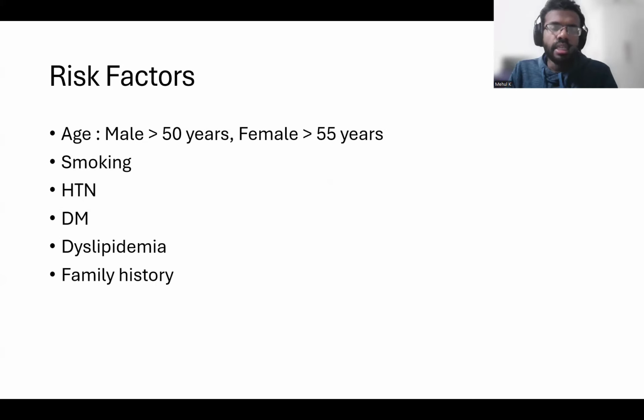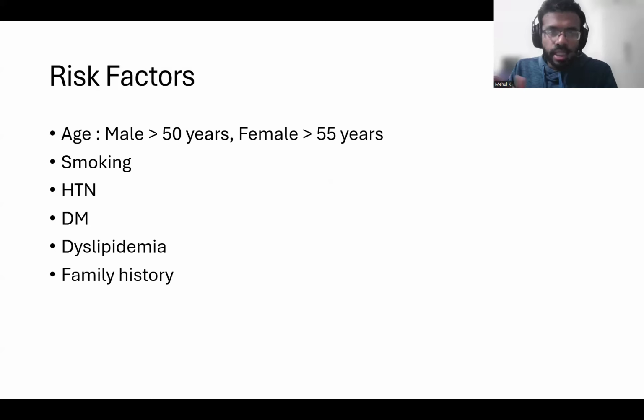Why is that? These things like smoking, hypertension, diabetes mellitus, dyslipidemia, family history of chest pain, all of these things are great, but they are more relevant for patients who are younger. Because after you cross a certain age, anybody can have an acute MI, regardless of risk factors.